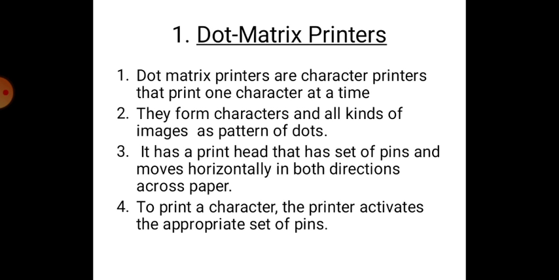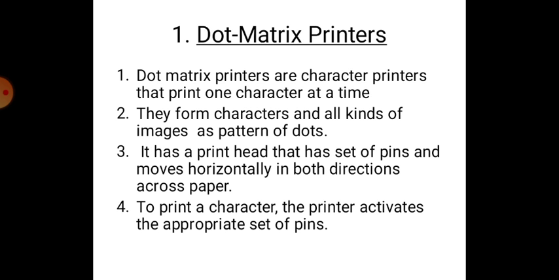To print a character, the printer activates the appropriate set of pins. That is, we choose those pins amongst the set of pins which will help us form a character.